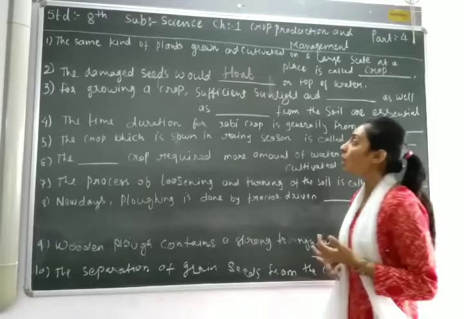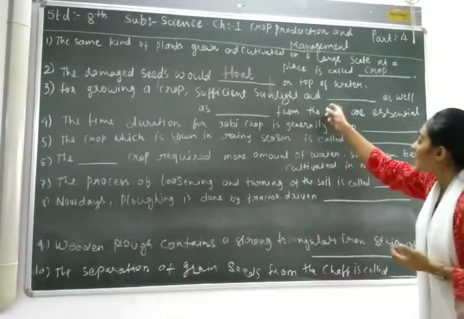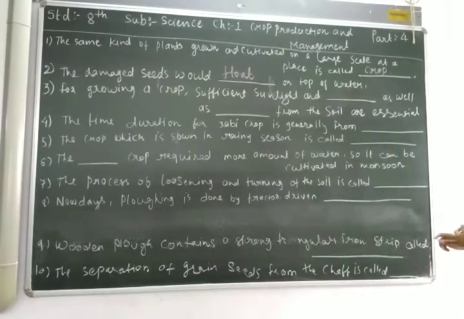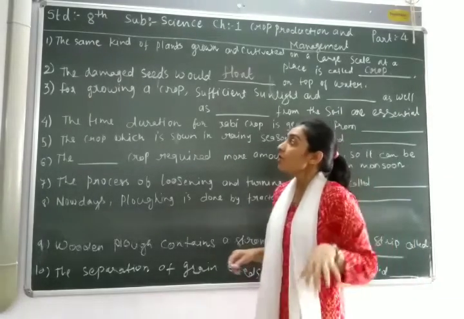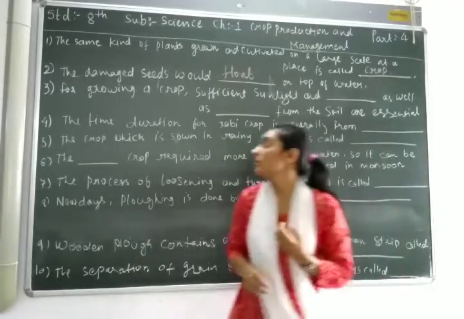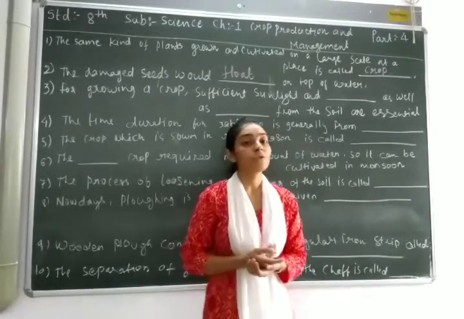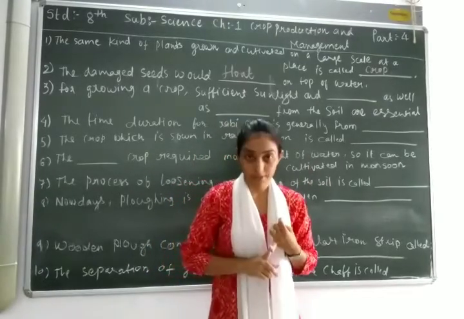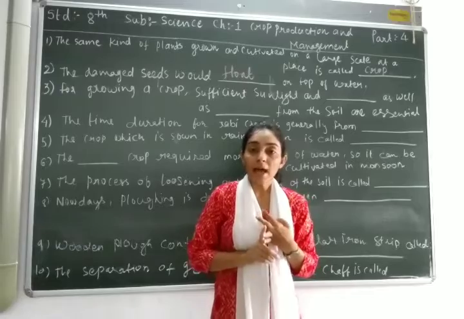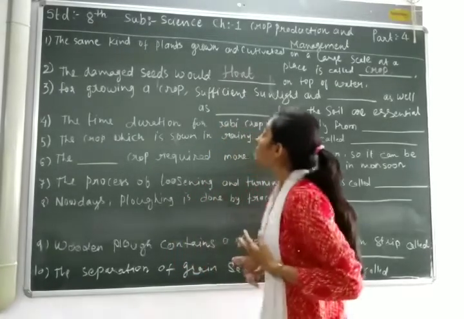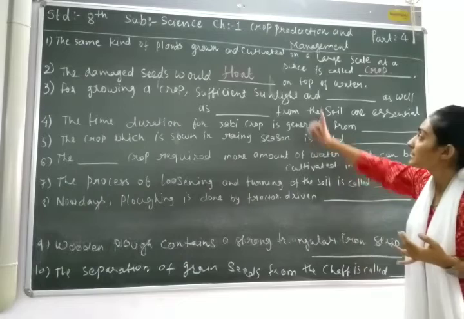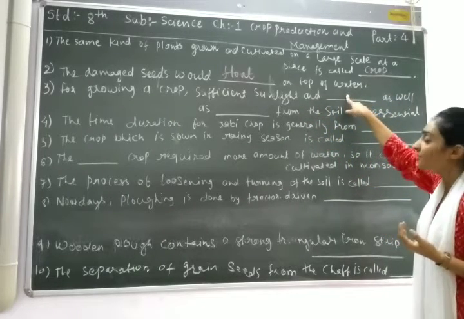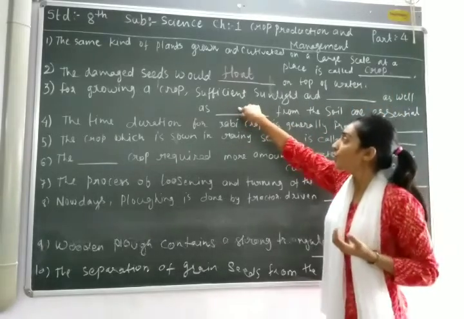For growing the crop, sufficient sunlight, water as well as nutrients from the soil are essential. For good growth, what will we do? We give them sufficient nutrients, water and proper sunlight. So what will come over here? Sunlight and water as well as nutrients.